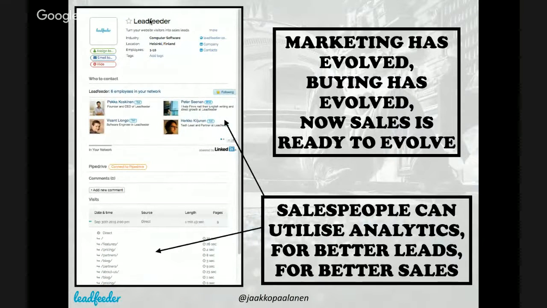So this is obviously a pretty familiar picture for our users, but this is what a lead in Leadfeeder looks like. So you have the basic information, and then you have a LinkedIn widget in most cases, and then you have the visit information from where you can understand the online behavior.